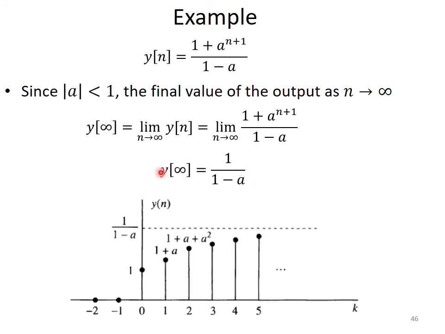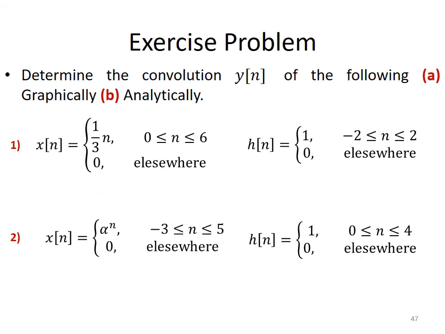Now evaluating the limit, you will get y of infinity equal to 1 upon 1 minus a, because a power infinity would be 0, because a is less than 1, and this is what you will get in response. The final value would be 1 upon 1 minus a.